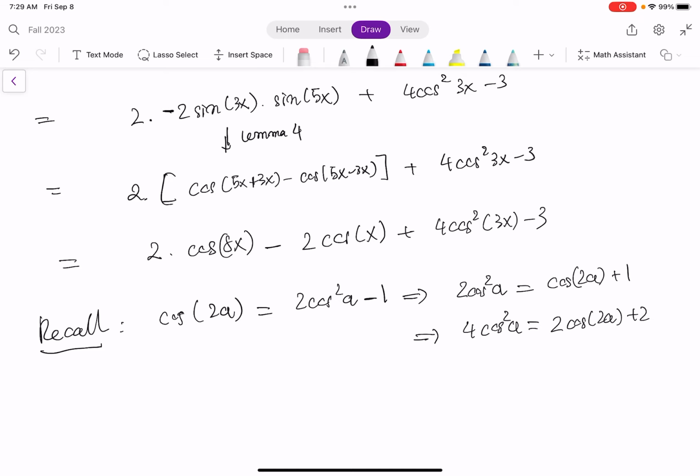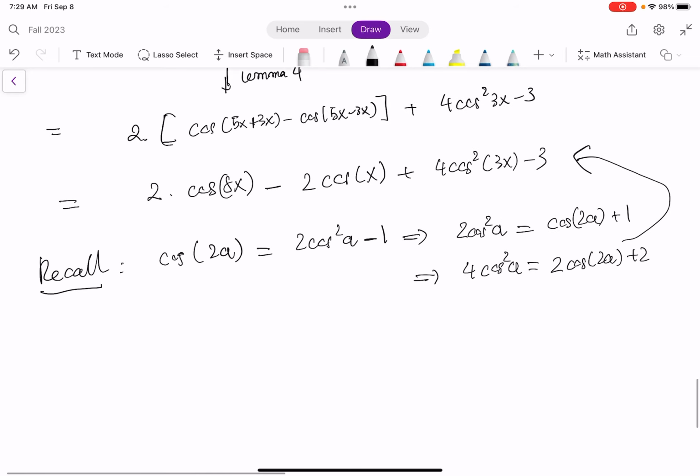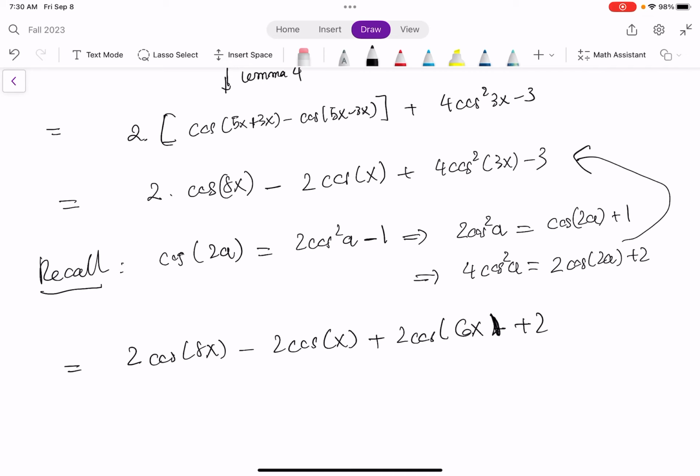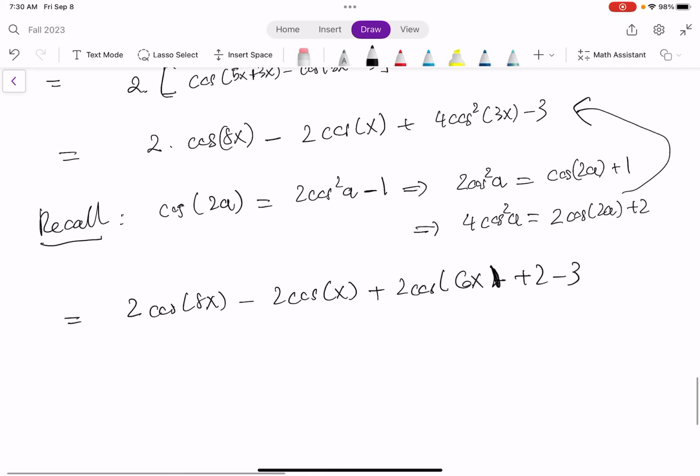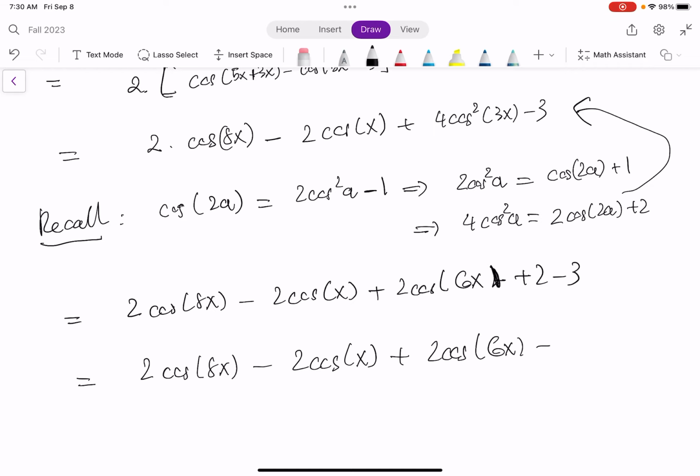You substitute this in here, you get 2 cosine of 8x minus 2 cosine of 2x plus 2 cosine of 2 times 3x, which is 6x, plus 2 minus 3. And if you do some simplification, you get 2 cosine of 8x minus 2 cosine of 2x plus 2 cosine of 6x minus 1.